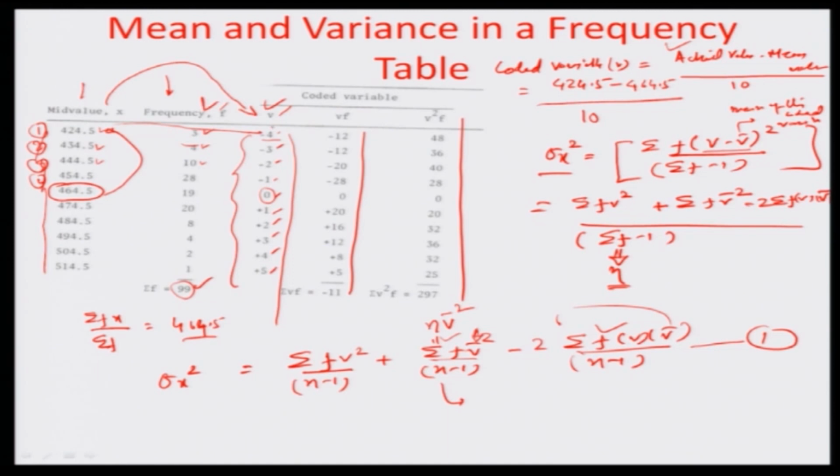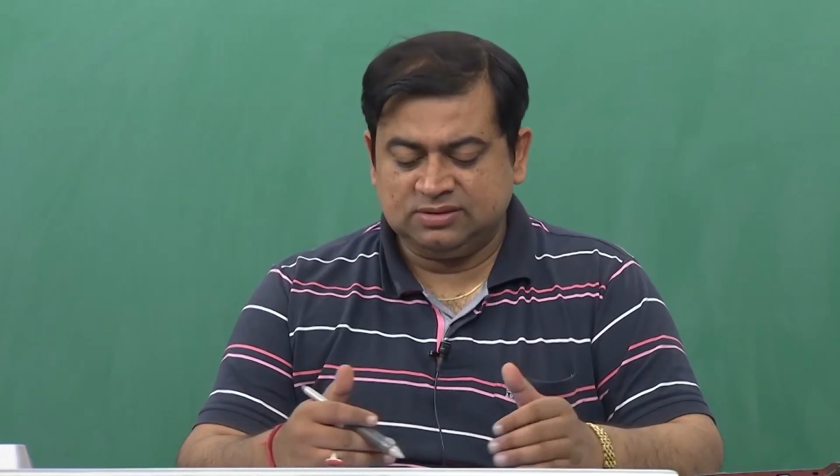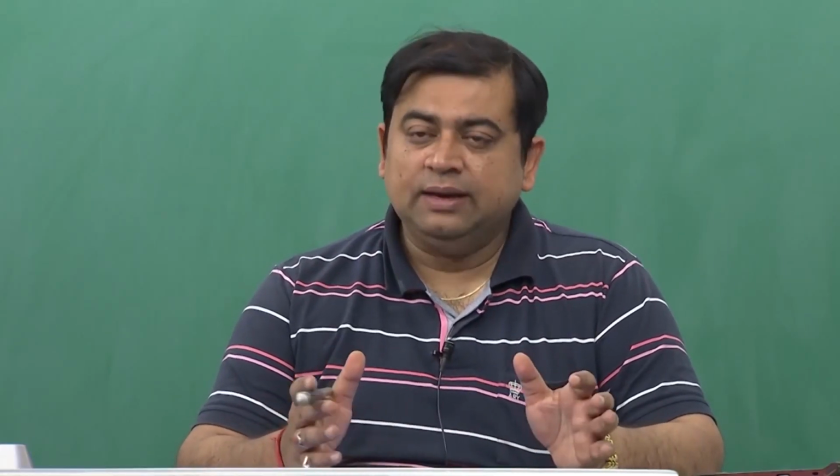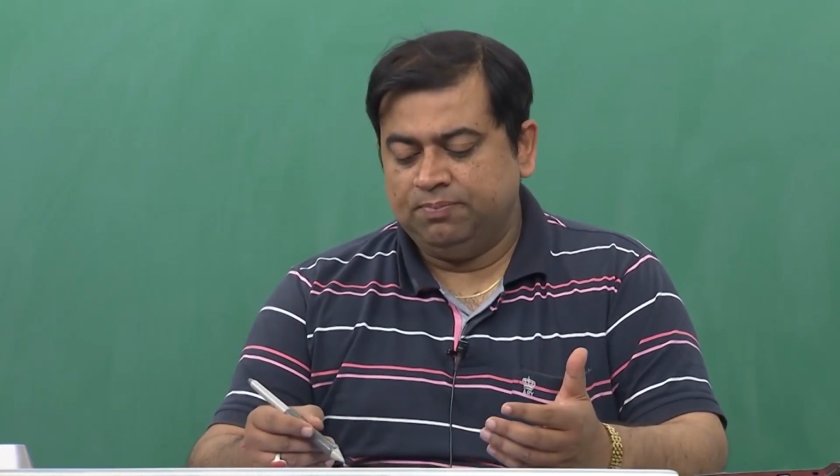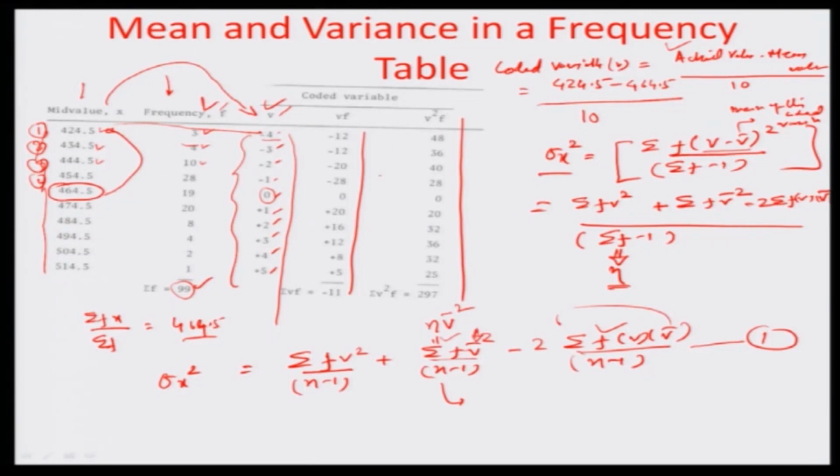Remember, these coded variables are now very easy to handle computationally, and you can easily and inexpensively calculate. This is probably only showing few variables, but in actual cases there may be thousands and thousands of such variables, and so you now have the capability to quickly calculate the standard deviation sigma x from this distribution.